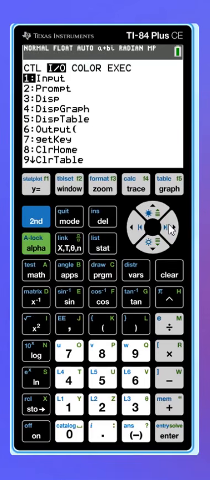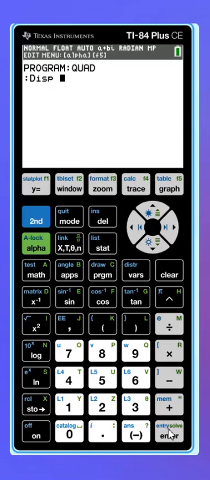Now we are going to show what format we want the problem in before you can put it into the calculator. So we're going to display, in quotation marks, what shows up on the screen, and we want it in this form: ax squared plus bx plus c.